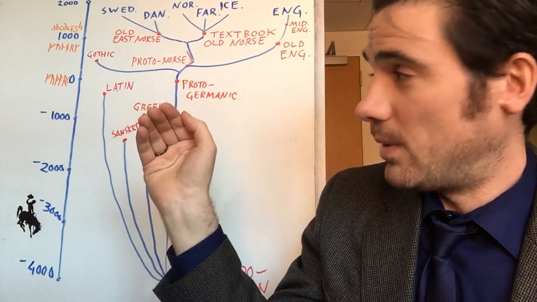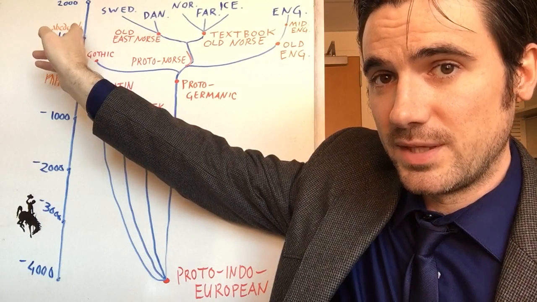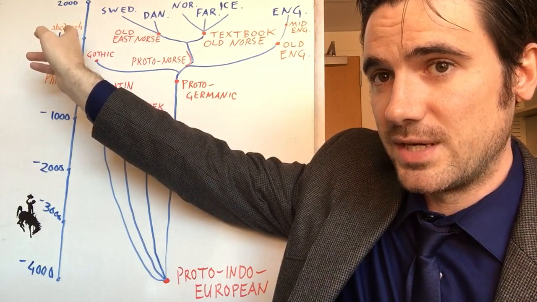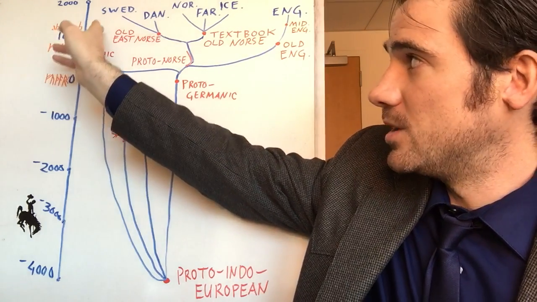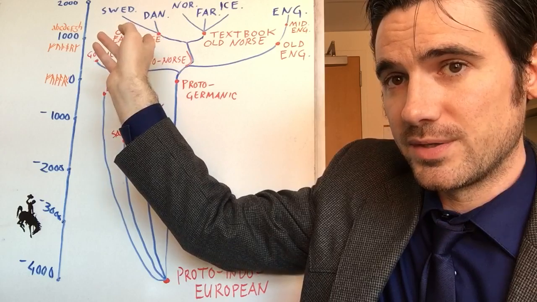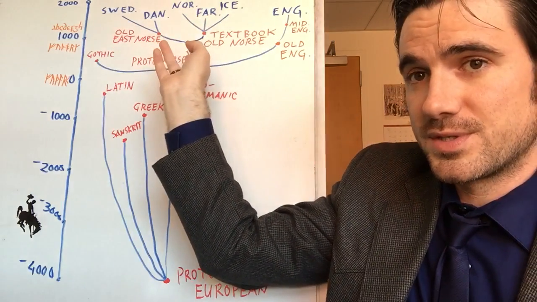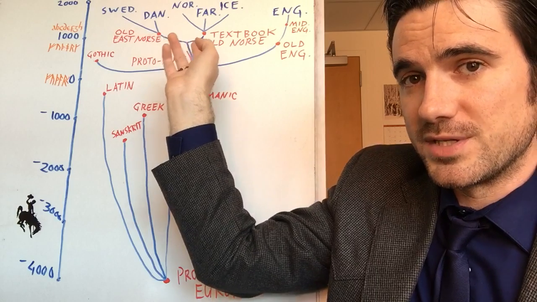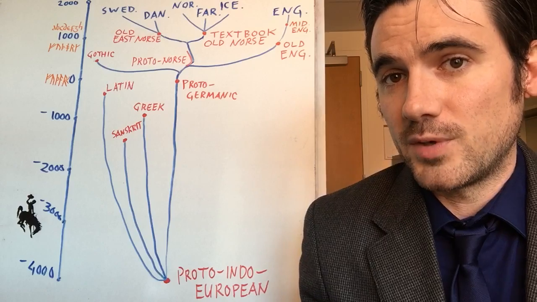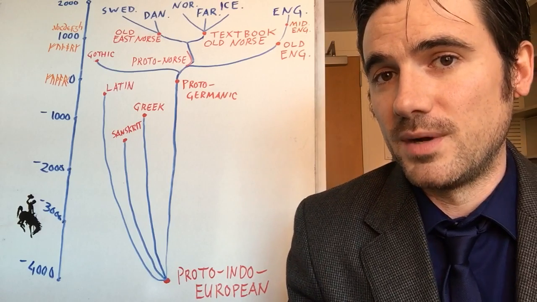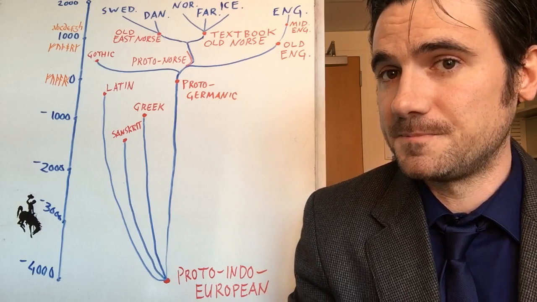So by the time that there's writing in the Roman alphabet by the 1100s in most of the Scandinavian countries, the vernacular, the everyday language that we see written there can be called Old East Norse for the Swedes, the Danes, and often it's called Old West Norse for the ancestor of Norwegian, Icelandic, and Faroese, which was still cohesive in the early part of this last millennium, from about 1000 to about 1380, or about the Black Death.